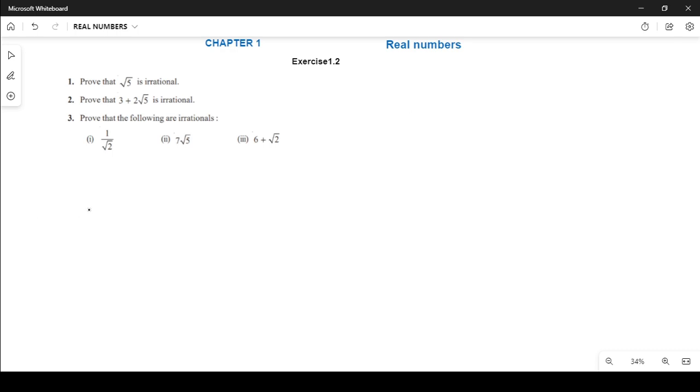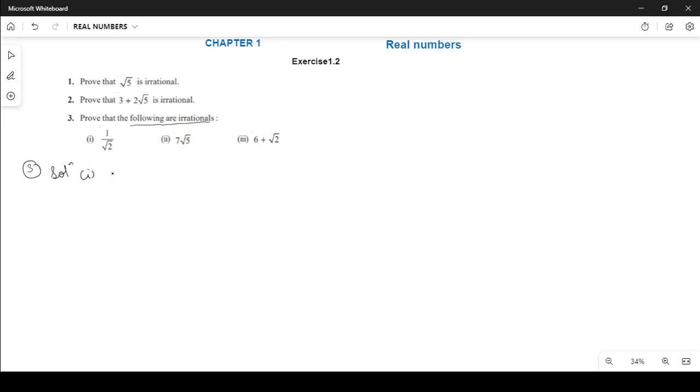Question number third is: prove that following are irrational number. Again, we have to prove here irrational number. First part is 1 upon under root 2. 1 upon under root 2 को हमने प्रूव करना है irrational number.